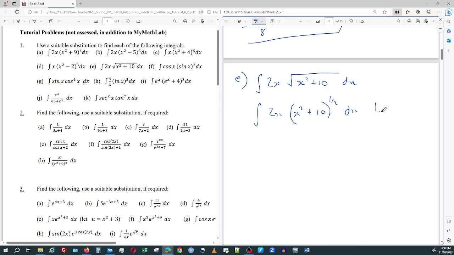So we know that there's things being done. This time it's not being squared, it's being squared and square rooted. So we're going to let u equal x squared plus 10.